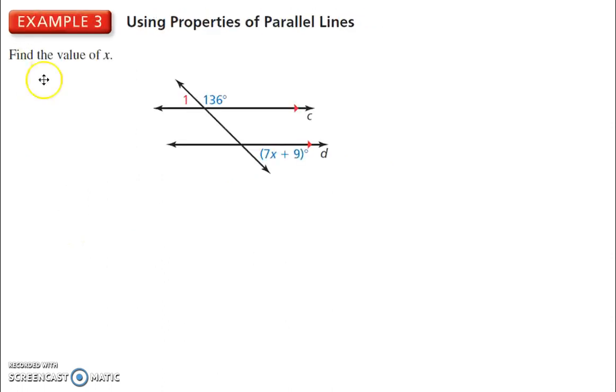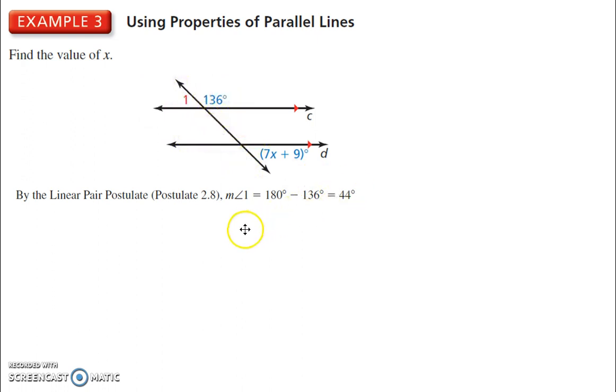Find the value of x. We don't know necessarily anything about 136 degrees and 7x plus 9, but we know that 1 and 7x plus 9 are alternate exterior. So if we can figure out 1, we can find this one. Angle 1 is a linear pair with 136, so these two add up to 180.